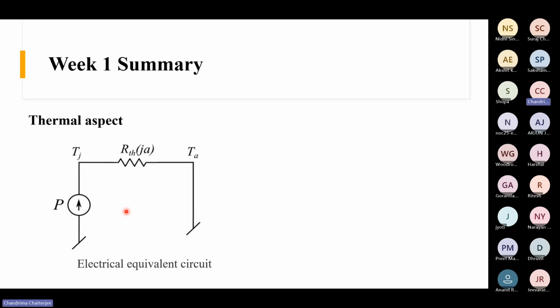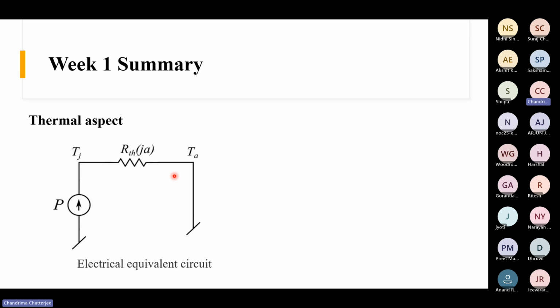To calculate the temperature rise, we need to get some equivalent circuit, right? And the equivalent circuit we will represent in terms of electrical parameters for our ease of calculation or understanding, because we are studying electrical engineering, like power electronics. So we will represent all the things in terms of electrical parameters.